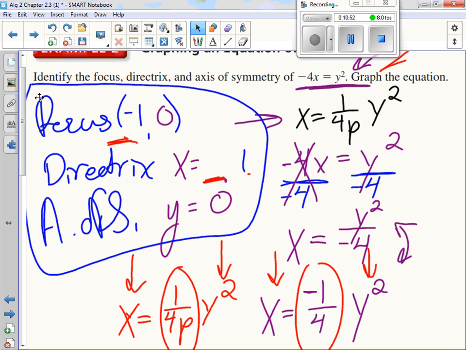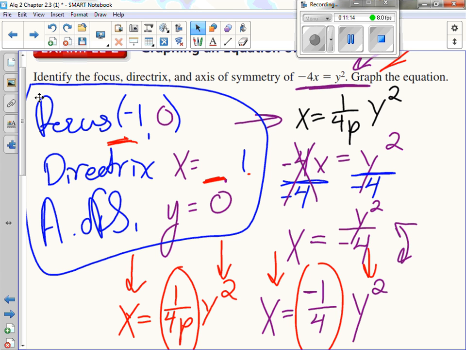Let's say I multiply, I got p equals negative 1. So p is equal to negative 1 for this here. That gave us our focus negative 1, 0. Now, because of the double negative for the directrix, we have to change the sign. Since it's negative, it's now positive. X equals 1. And that's it. That's all we have to do for this here.